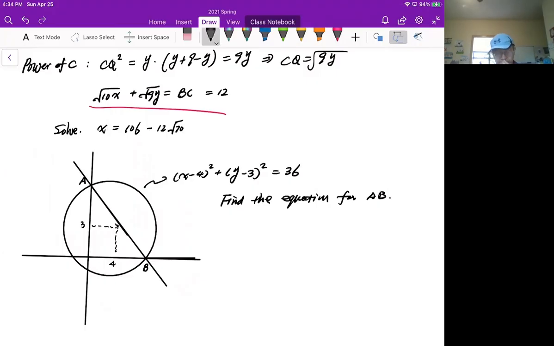The basic idea is, how do you find the x-intercept? How do you find the y-intercept? I want to get the x-intercept, and I want to find the y-intercept.